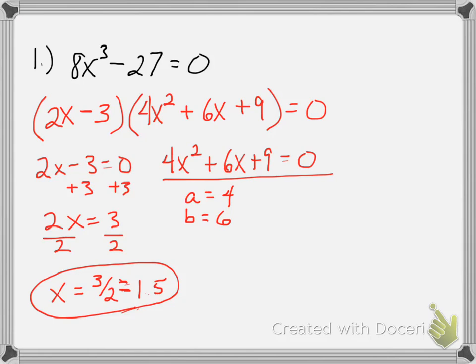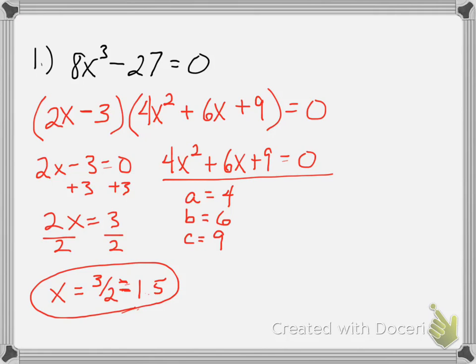So one easy way to solve any quadratic equation is to use your calculator, go to the Algebra 2 program, and enter A is 4, B is 6, and C is 9.